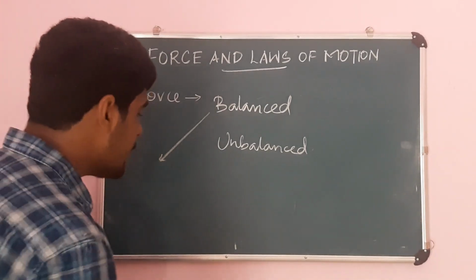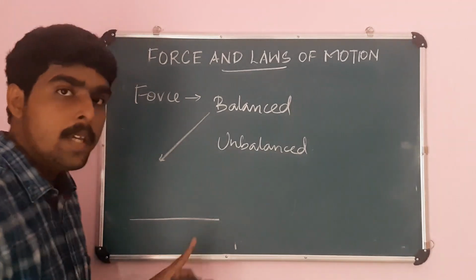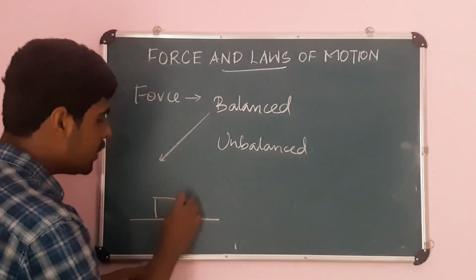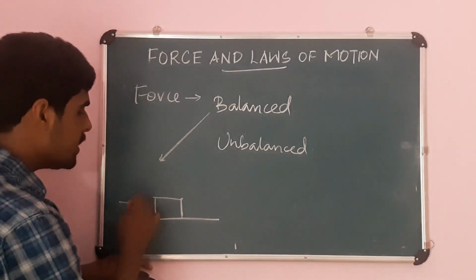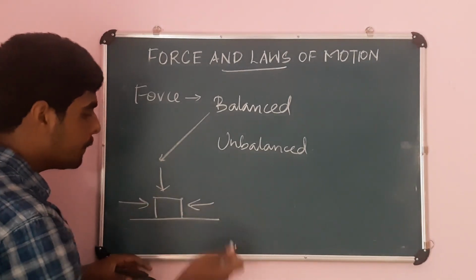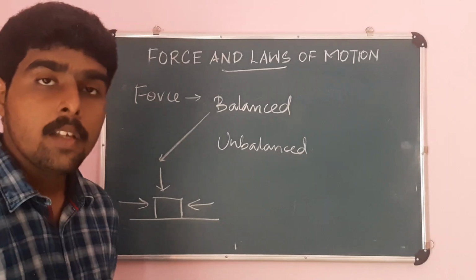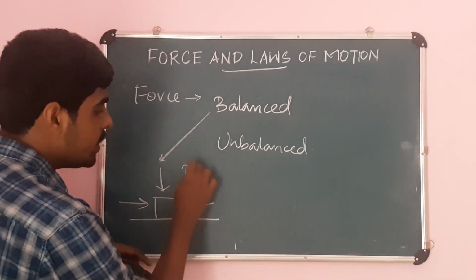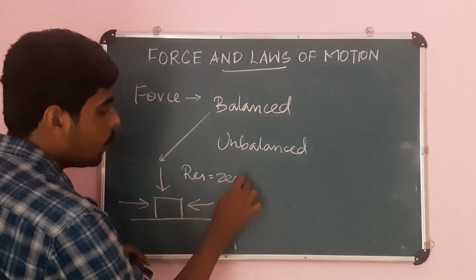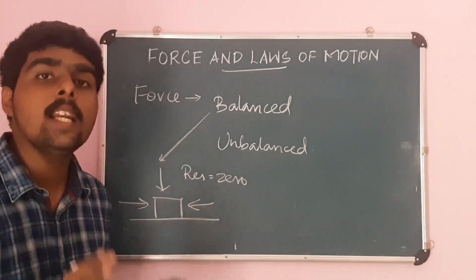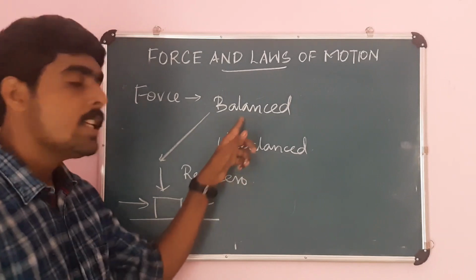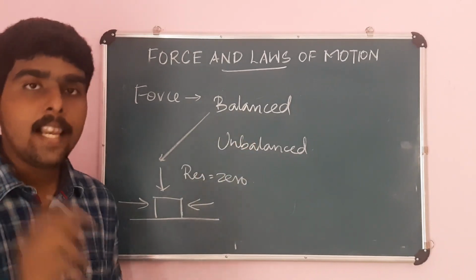I'll show you with an example. Consider this to be a plane, and this is a body placed on that plane. If all the forces acting on this body give a net resultant of 0, there will be no change happening to the body, it will remain still. These types of forces are called balanced forces.